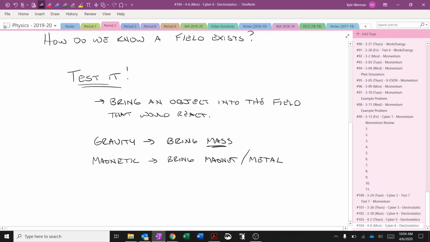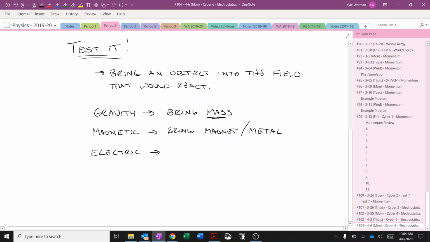Right? And so naturally then, if we're thinking about an electric field, what reacts in an electric field? What do we actually need in order to react? Hopefully you're saying, well, we need to bring some kind of charge. Usually that's in the form of an electron.